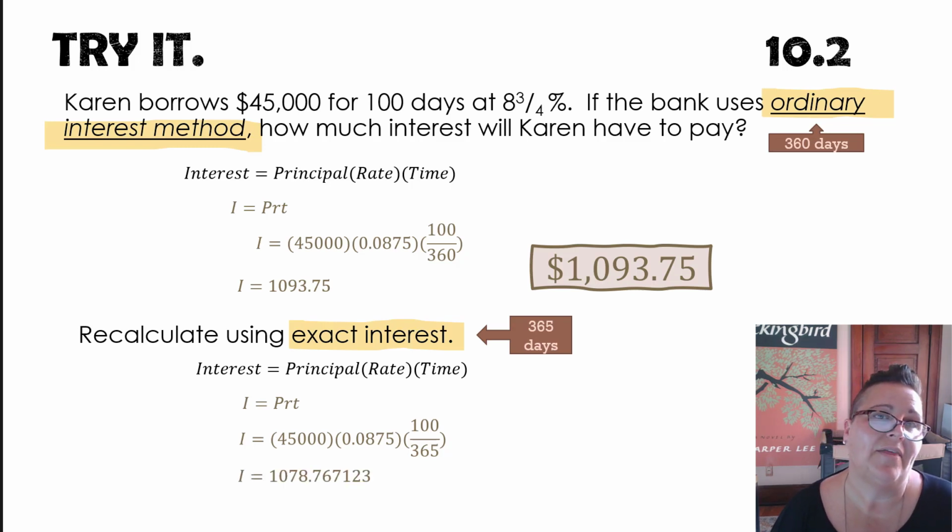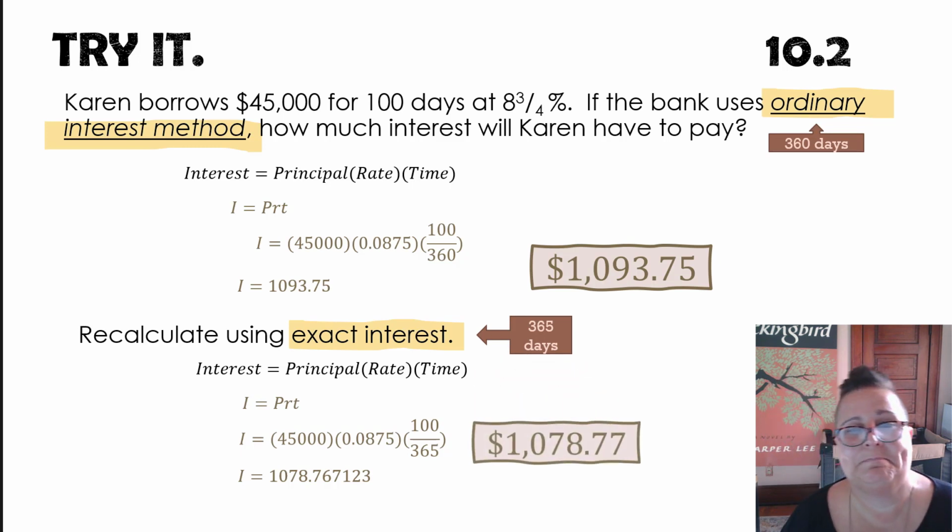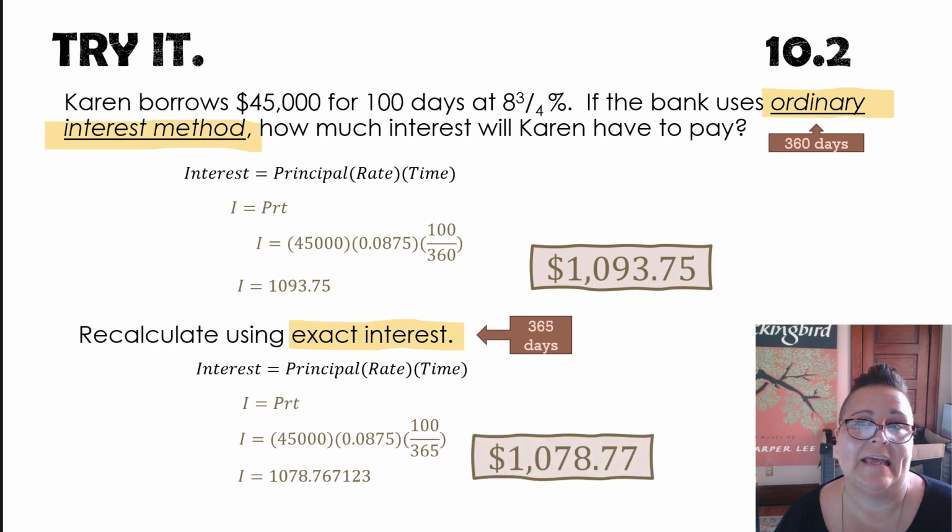And when I multiply that through, I get $1,078, and rounding to the nearest penny, I get 77 cents. And again, which one is more? Of the two interests, the ordinary, which was the first one, and the exact, which was the second, which one gave the bank more interest?